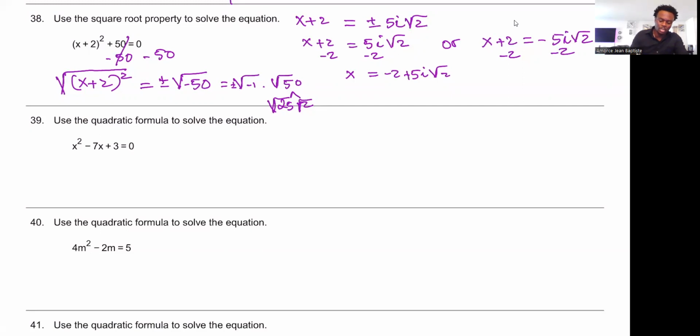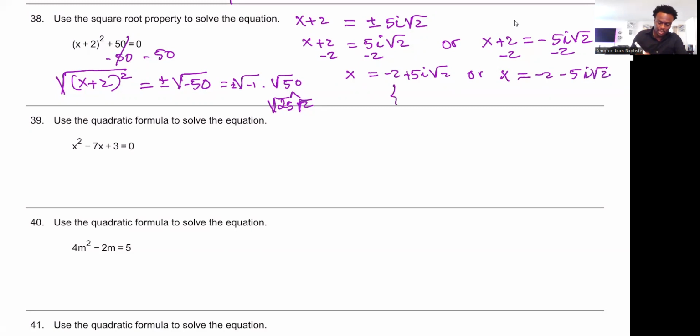And the second solution is x equals negative 2 minus 5i square root of 2.